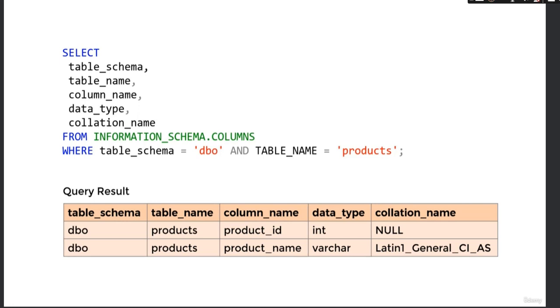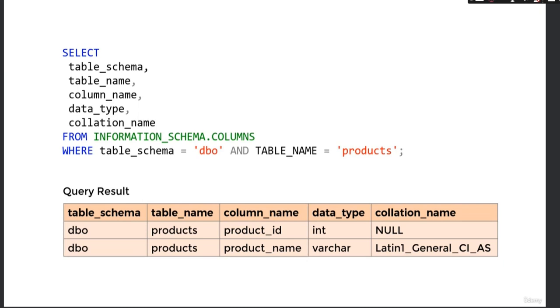Both conditions should be satisfied. Information schema has a series of system views and is one of several methods that SQL Server provides. Metadata is simply data that provides information about other data.